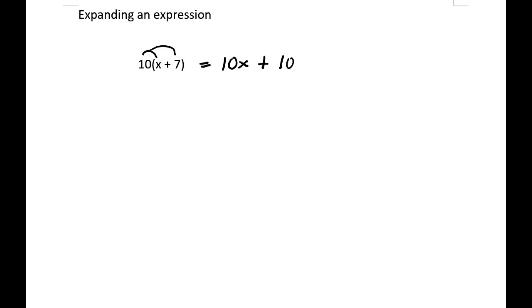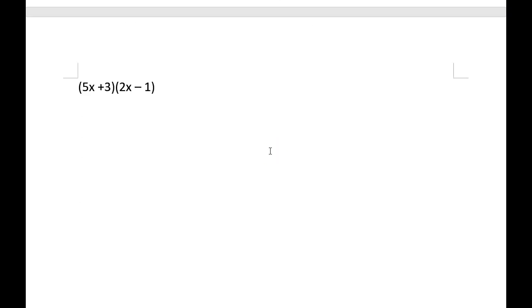So we've got 10 times 7, and that would give us 10x plus 70 in this case. So that's fairly easy. We just need to remember that we have to multiply the factor outside with each term inside the bracket. Now let's have a look at a little bit more complex example.